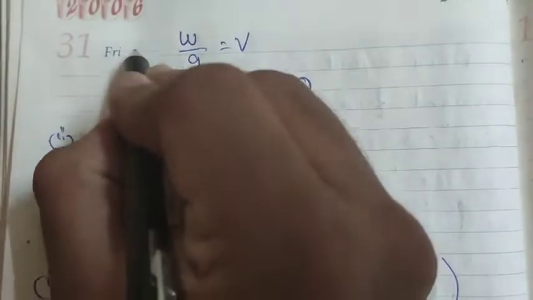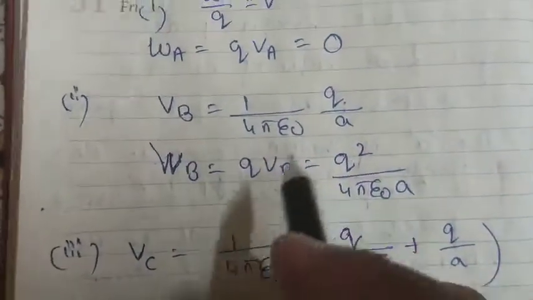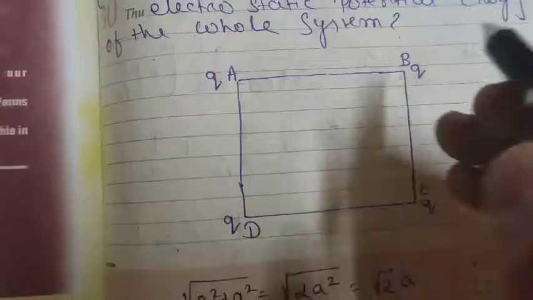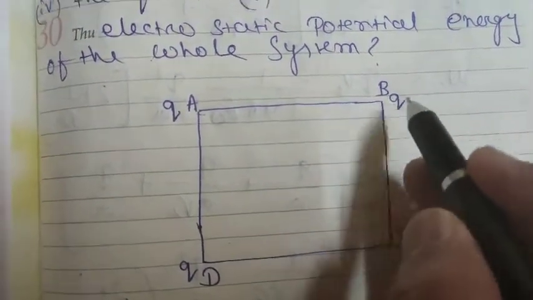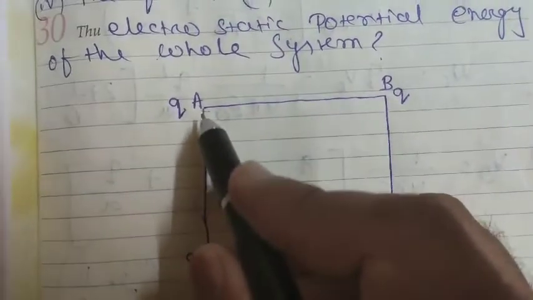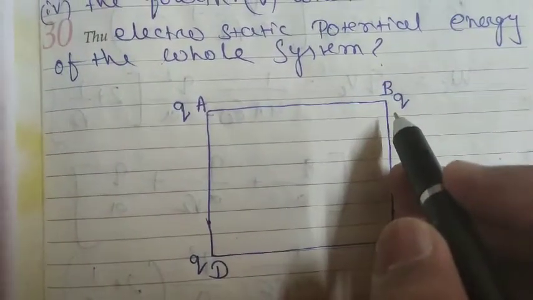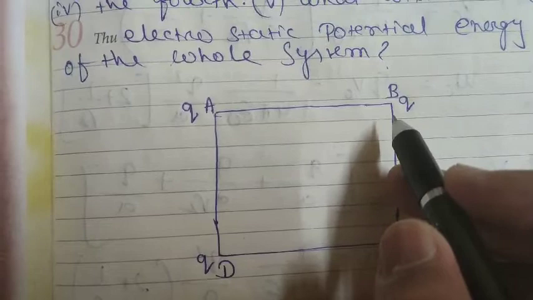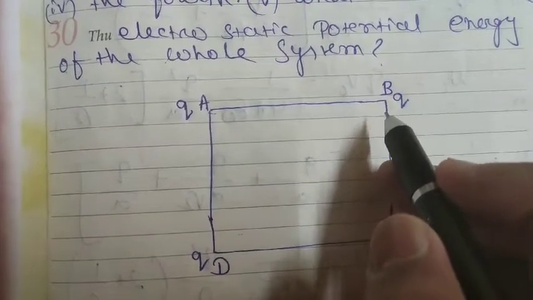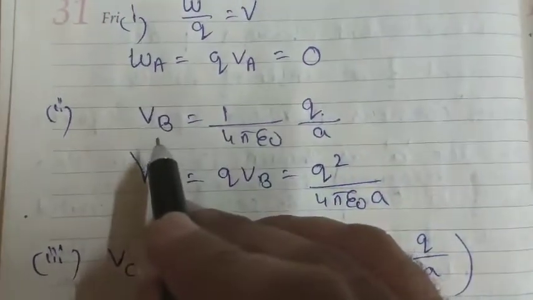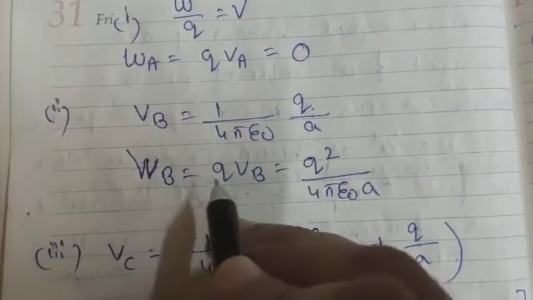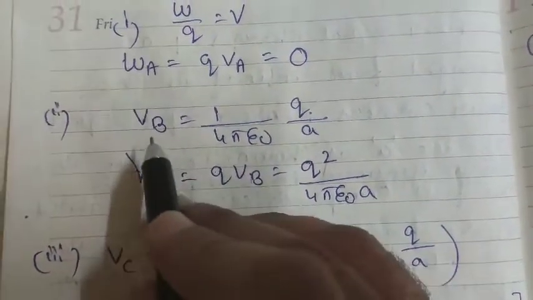This is the first part over, second part, VB. So when you place this charge Q at point B, now you need to do work, because this is the same charge, so there will be some repulsion and there will be some work done, right? So that work done WB is equal to Q into VB. So what is your VB?